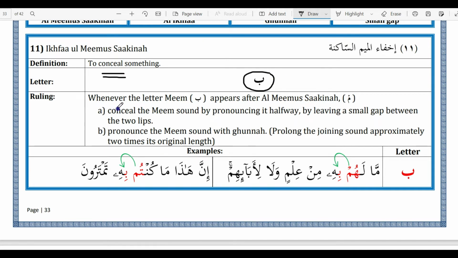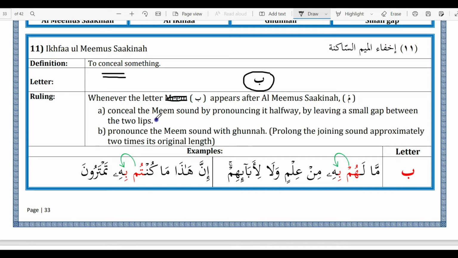The ruling is, whenever the letter Ba appears after Meem Sakina, we have to do two things.